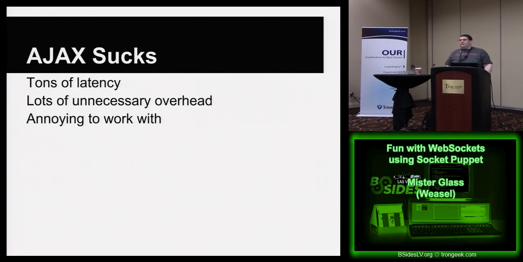HTTP requests in the browser are very annoying to work with in general, unless you use a library. They have a lot of overhead, because you have to have a full HTTP packet. And they're latent because you're polling, so you're sending out a message every X seconds, however much you want. Instead of having real-time communication, they're basically polling every X seconds. And so there's a lot of latency built into that.